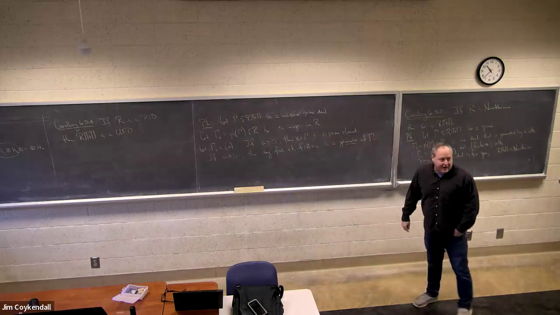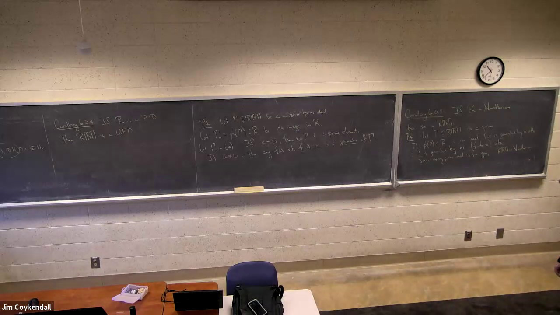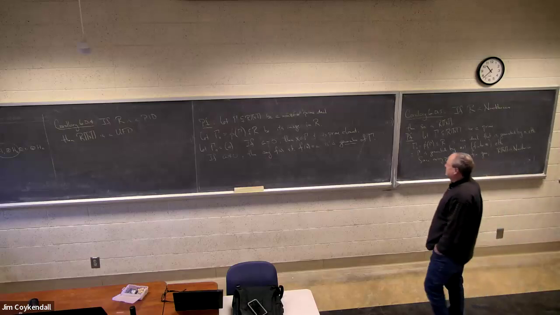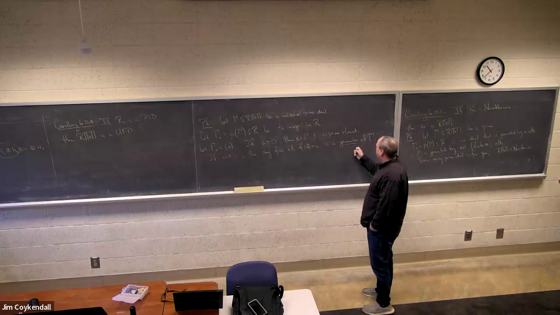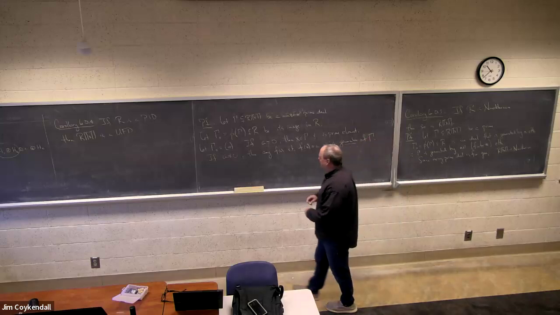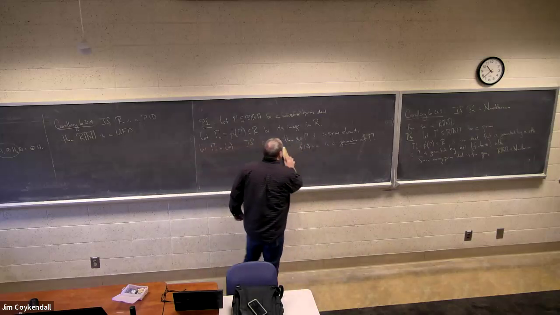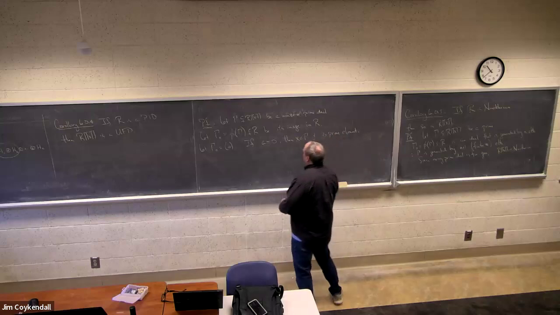It must be a generator of gamma, right? Because this is the case when X is not in it. Actually, I should have taken this part here. Let me add a statement to this.